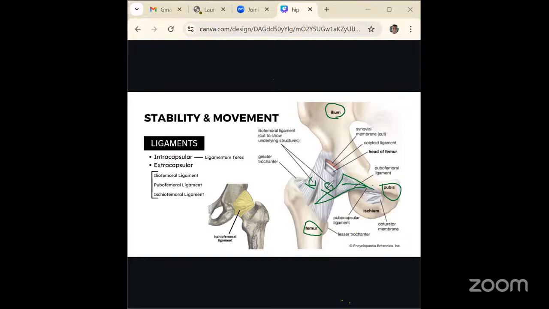And then the final one is the ischiofemoral. We cannot see the ischiofemoral when we are looking at this anterior view. That's why I put it here. This is a posterior view of the hip joint, and we can see the ischiofemoral connecting the ischium and of course the femur. This one is spiral shaped.